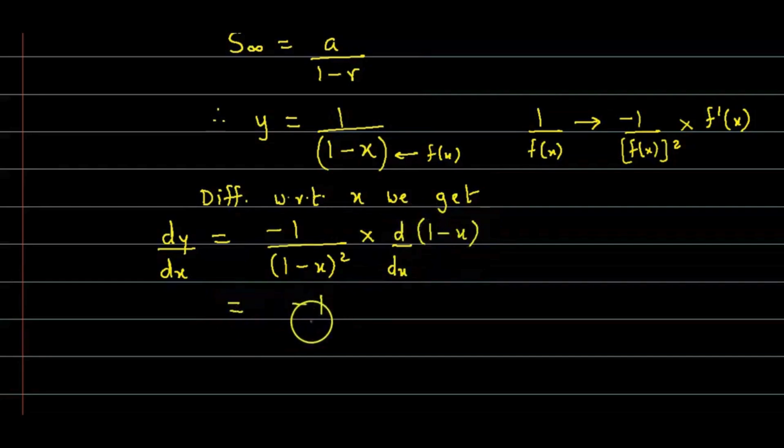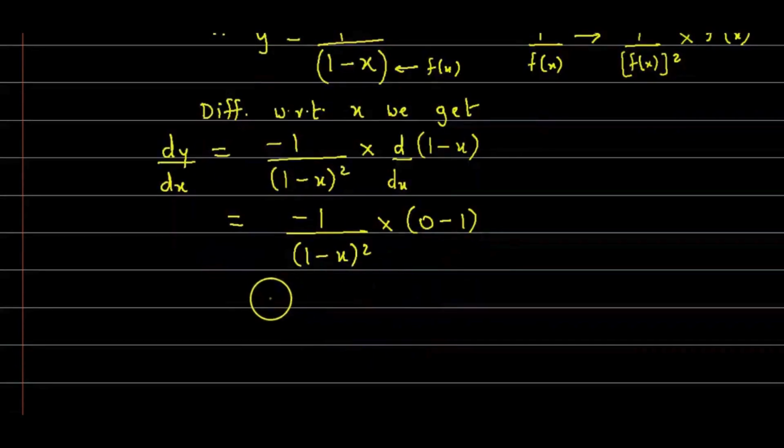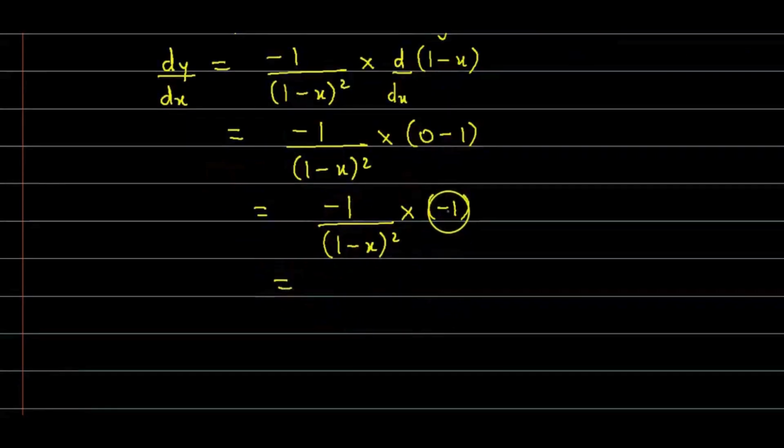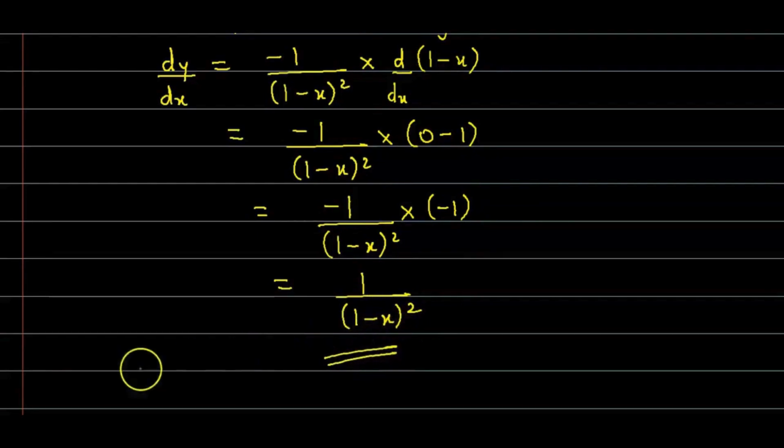So further we have negative 1 upon 1 minus x the whole square into the derivative of 1 which is 0, minus the derivative of x which is 1. So further we get minus 1 upon 1 minus x the whole square into, now 0 minus 1, this will be minus 1. So our final answer will be minus 1 into minus 1, that's positive 1. So 1 upon 1 minus x the whole square. So this is dy by dx.